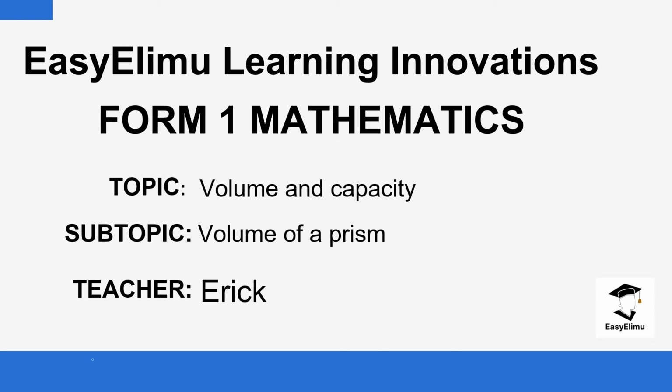This lesson is on volume and capacity. For this particular lesson, we cover volume of a prism. We want to see what a prism is and how we can find the volume of a prism.